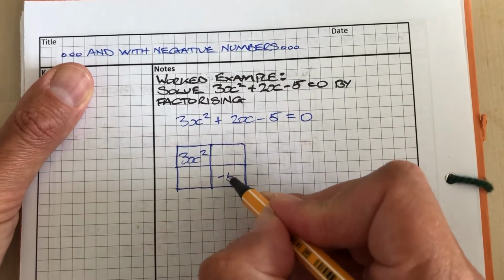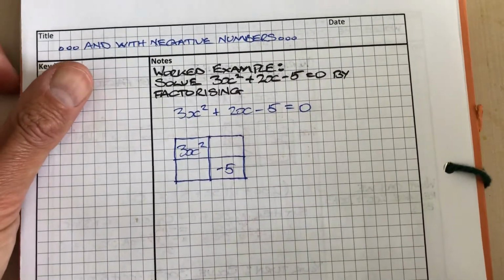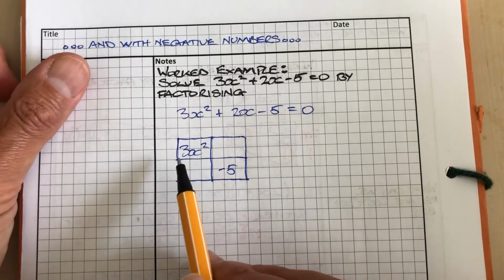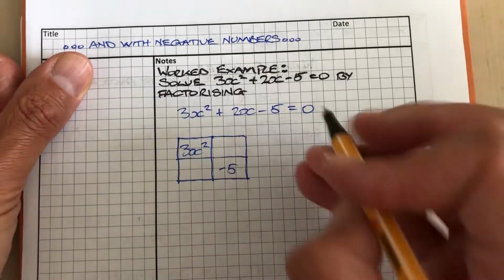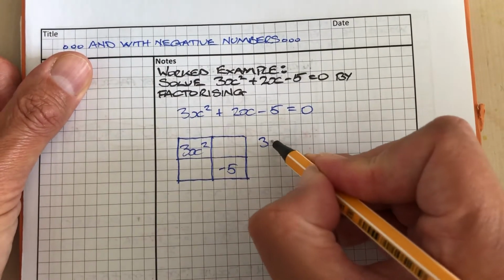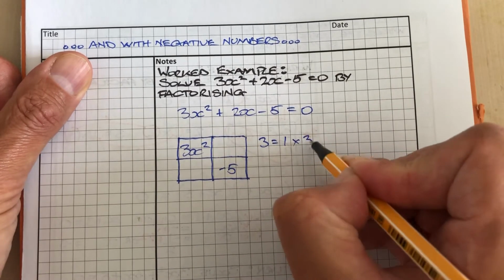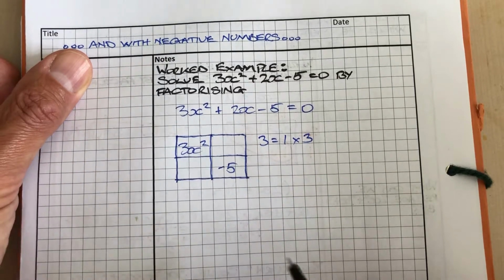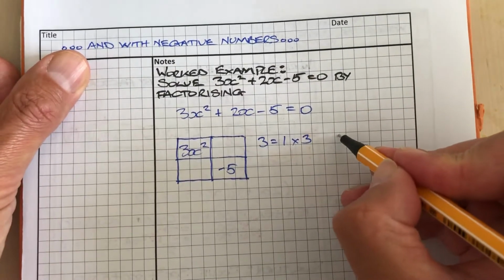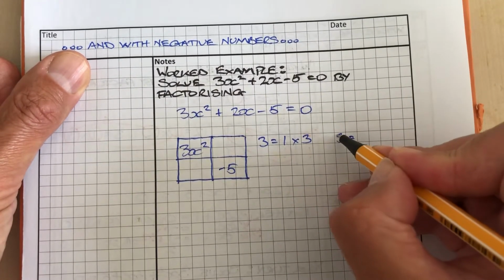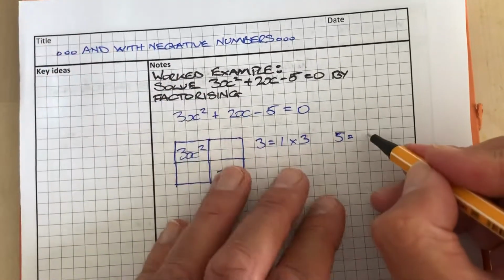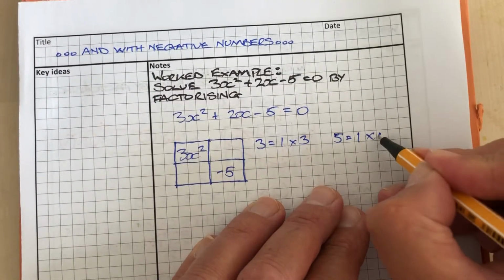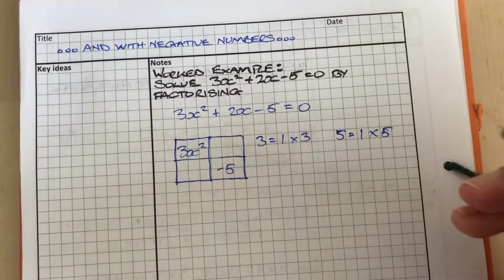Constant term, straight into the correct box. Find factors of the coefficient of x. 3 is 1 times 3. Find factors of the constant term. Treat it as 5 for the moment, not negative 5. So far, so much the same.